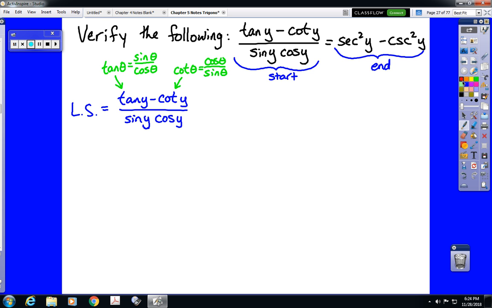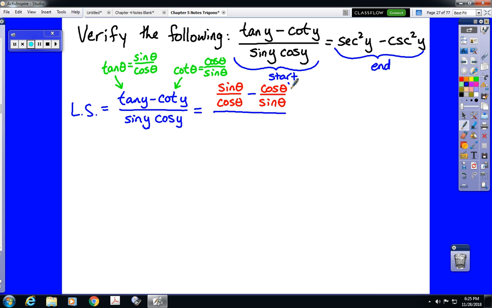So that will give us, actually, I would prefer that this were in blue, so let me fix that real quick. All right, let's try that again. Tangent becomes sine over cosine, and then we have minus, and cotangent becomes cosine over sine.